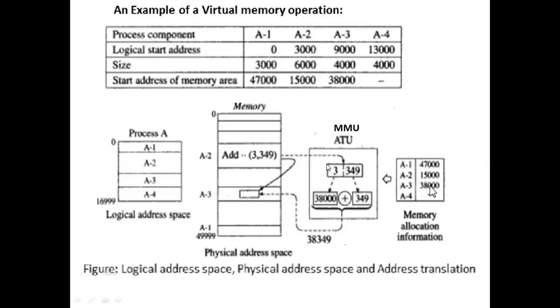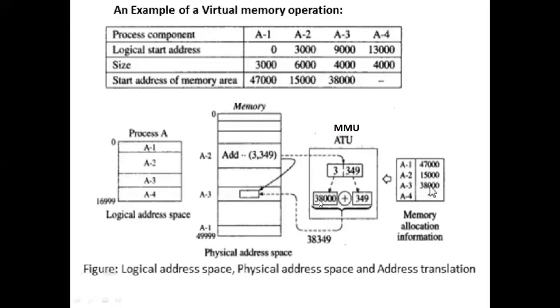According to this table, what is the starting address of the third component, A3? It is 38,000. This 38,000 is concatenated with which number? 349, where 349 is the offset.